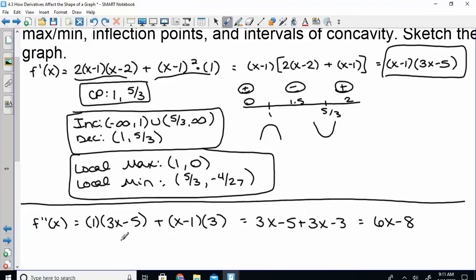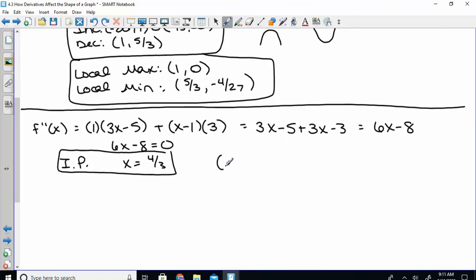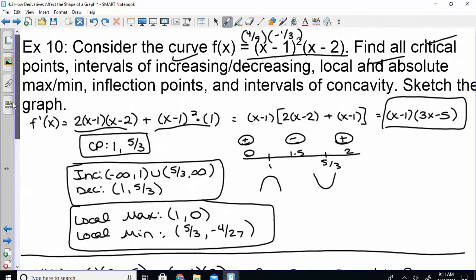Is 6x minus 8. So inflection point, you set that equal to 0. And you get 4/3. Ultimately, we'll have to be able to mark this on the graph, so you have to plug 4/3 back into the original. So we'll need that y value.